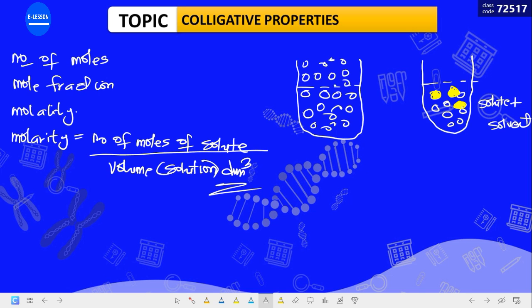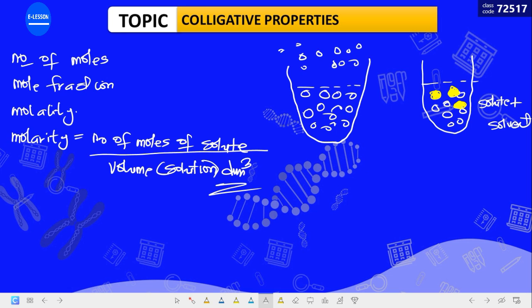Let's assume these are the particles that are evaporating. Let me draw this again. Now these are the particles escaping into the atmosphere, actually exerting pressure on the atmosphere.